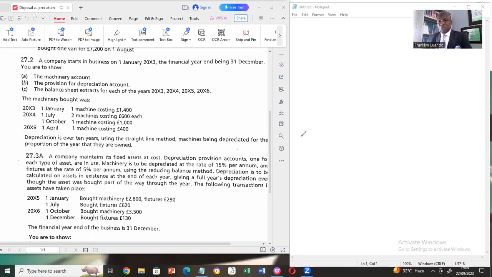Some entities would charge depreciation for each month of ownership. That is also known as the pro rata basis. Some organizations will provide for depreciation in full, regardless of when the asset was acquired. That is very important.